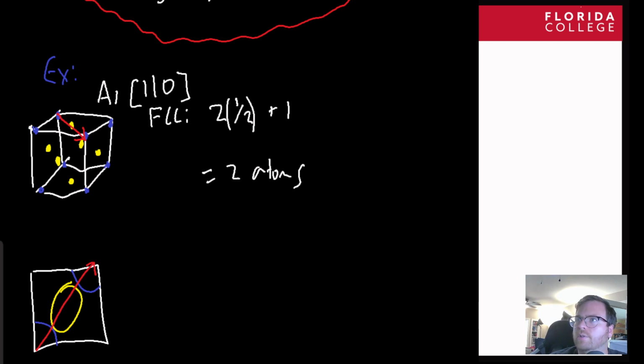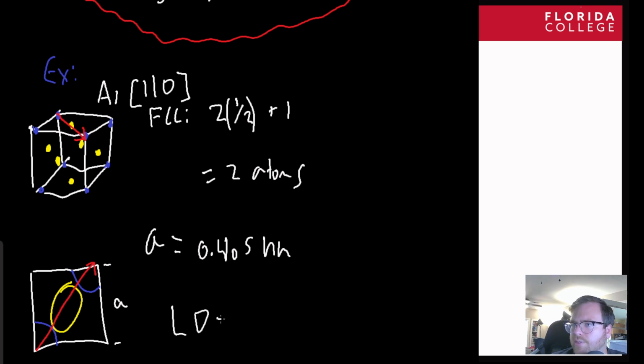And for aluminum, our value of A is equal to 0.405 nanometer. That would be this distance here. And so our linear density function, LD, is equal to 2 atoms divided by root 2 times A. Now, why is it root 2? Well, if this is A, then this line here would be the length of that line.